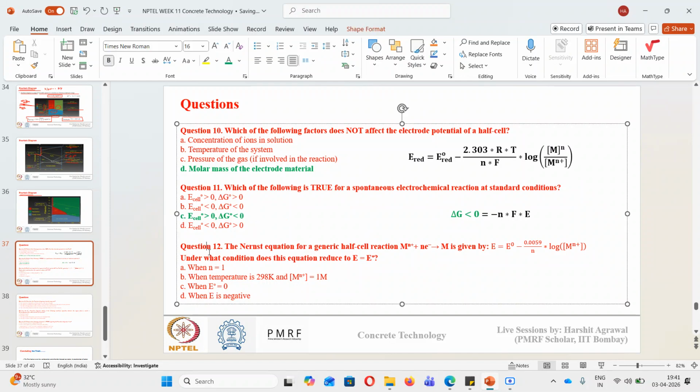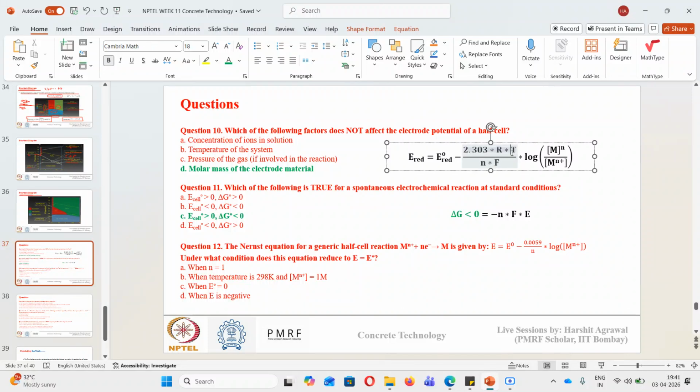Question number 12. I have given you a Nernst equation. The factor that you see, 0.0591, is nothing but 2.303 RT upon F. When temperature is 298 Kelvin, this reduces to 0.0591 because F and R are constant. R is the gas constant and F is Faraday's constant, so their values are fixed.